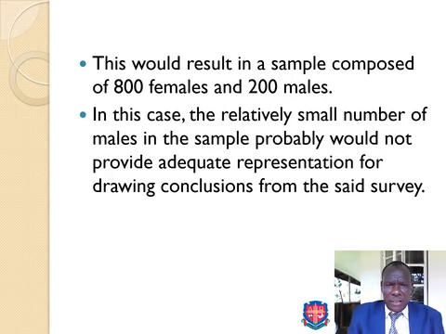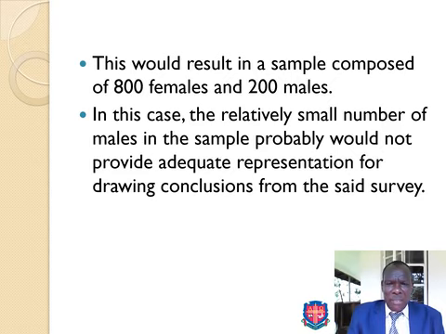Proportionality is okay because the proportion of males to females is 1:4. But if males are known to have opinions different from females, you will need to increase the number of males.